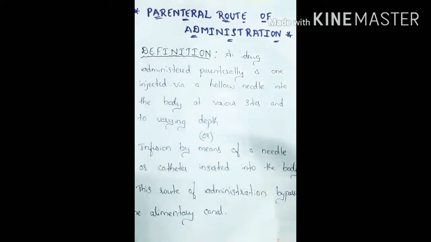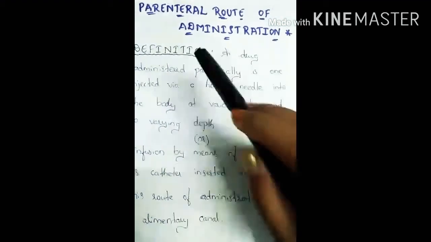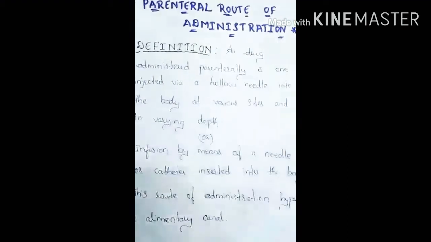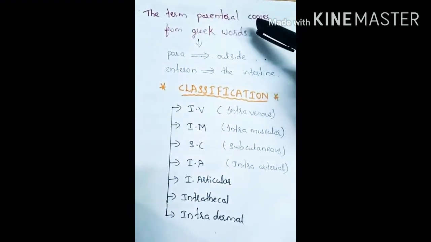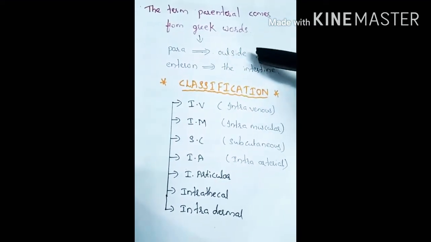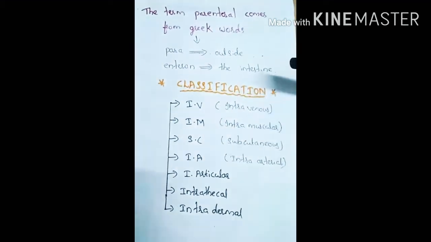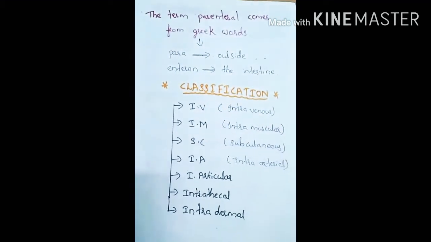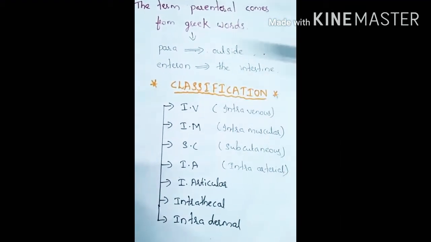So instead of the oral cavity, we choose the parenteral route of administration. The term parenteral comes from Greek words: para means outside and enteron means the intestine, so outside the GIT system. We administer to the body through the parenteral route.